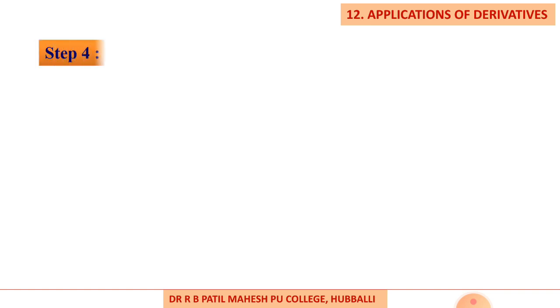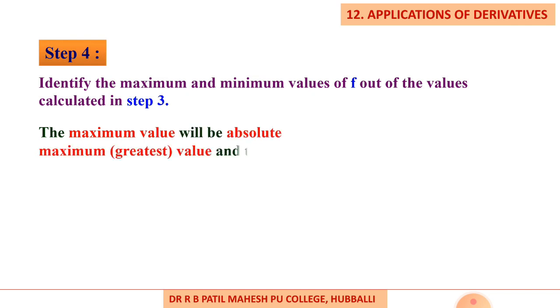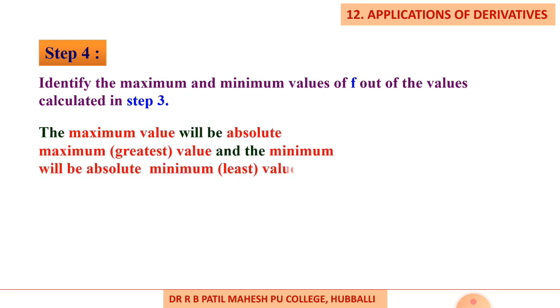And the fourth step is to identify the maximum and minimum values of f out of the values calculated in step 3. So the critical points and end points of the interval, these values you have to substitute in the given function. If there are a total of 4 points, we will get 4 values. Compare those 4 values and find out which one is the maximum and which one is the minimum.